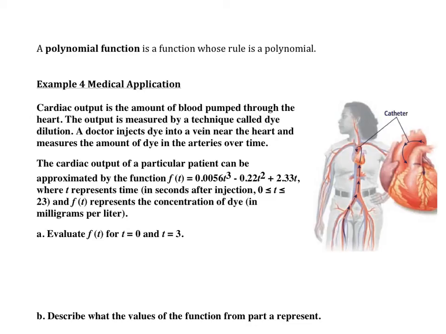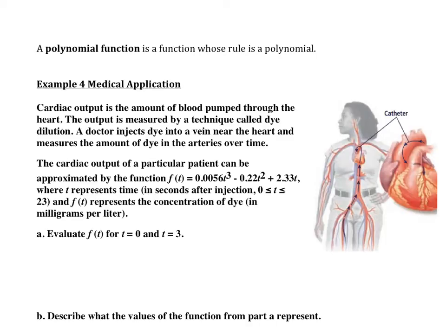In day 2, we're first going to talk about a polynomial function, and it's just a function whose rule is a polynomial. So looking at a nice application, we see this medical application about cardiac output and how it's measured by a technique called dilution.